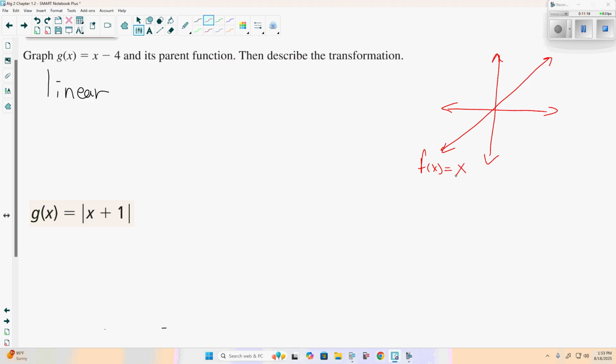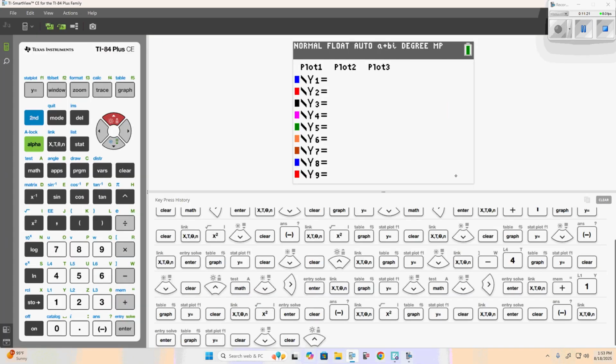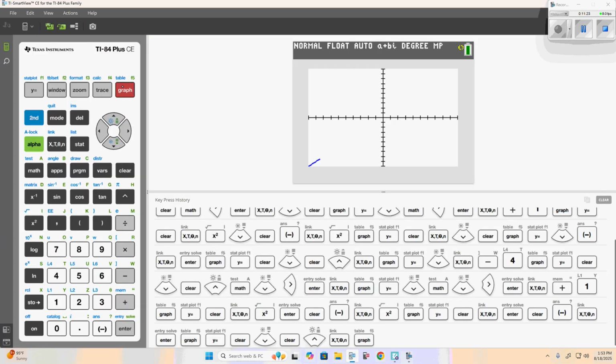F of x equals x. We will get the graphing calculators out. It graphed it for us. But being able to actually understand what the graph is telling us and being able to read a graph is more important than being able to just draw the graph, because this just did it.